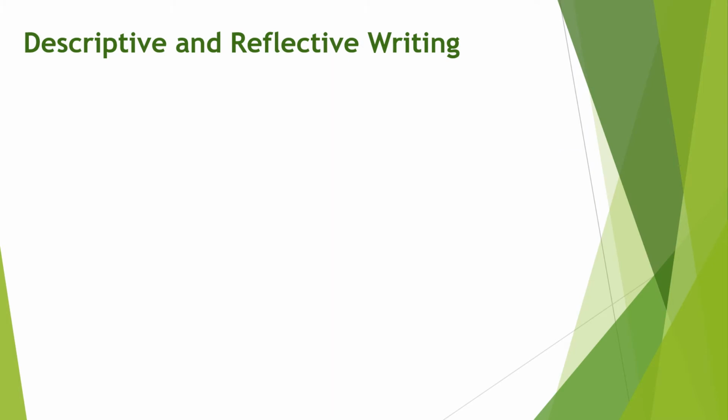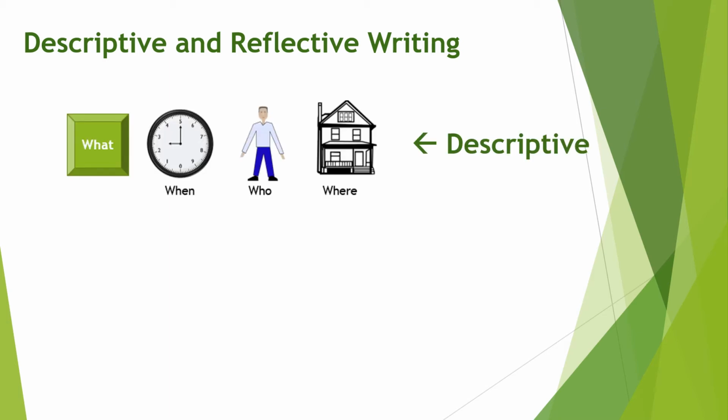Okay, so let's find out the difference between descriptive and reflective writing. It is descriptive if it answers the basic questions: what happened, who did it, when did it happen, where did it happen. Descriptive writing is a way of retelling what happened in a given place, event, or situation. Descriptive writing allows the reader to visualize and understand what the person is describing.